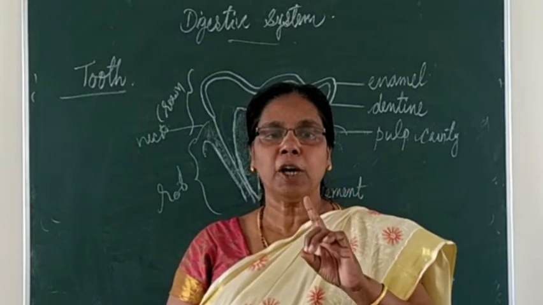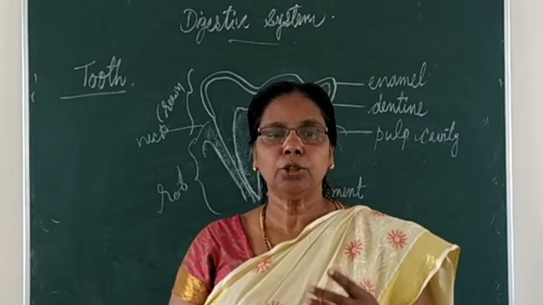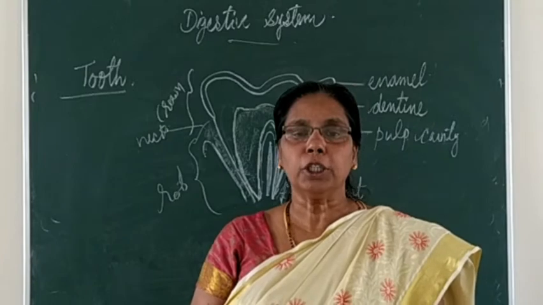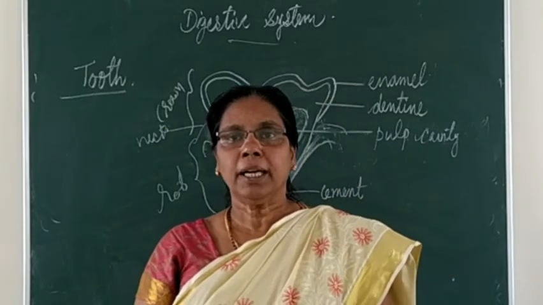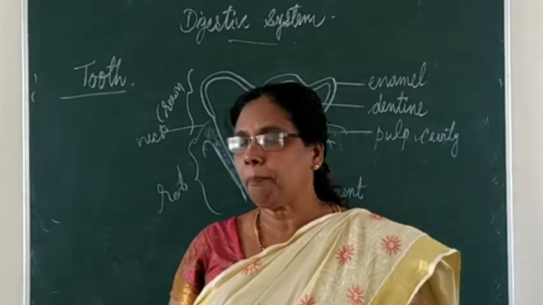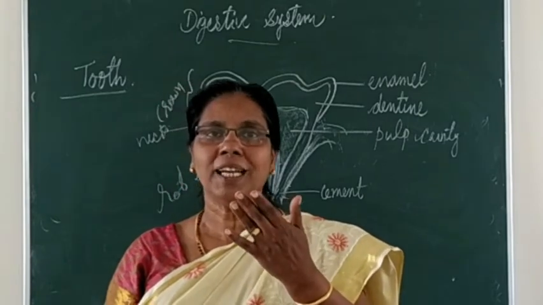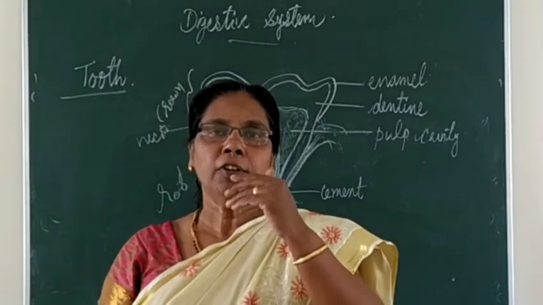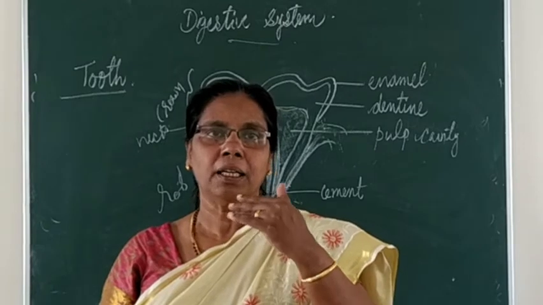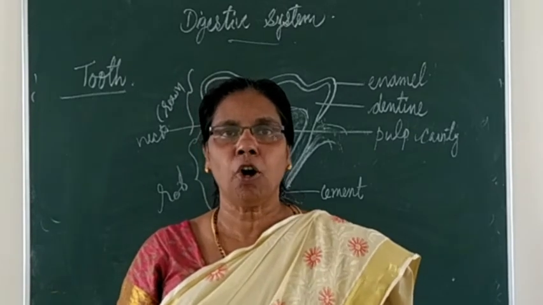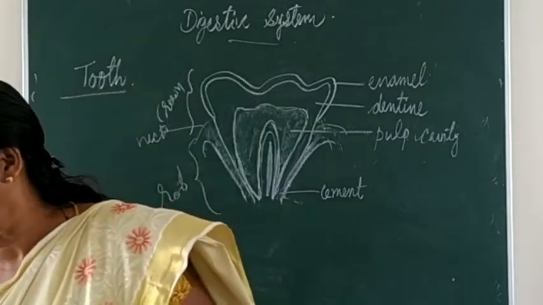One is called what? Crown, and the next one is called what? Root. So what is the crown? The visible part, the white part which you can see outside the gum. Yes, that is the crown.